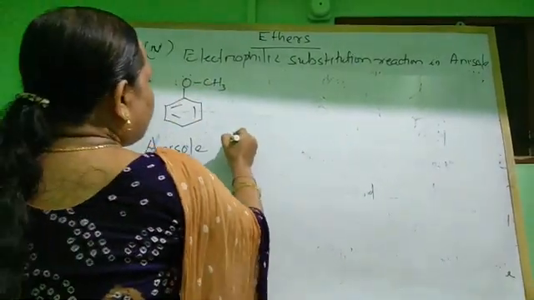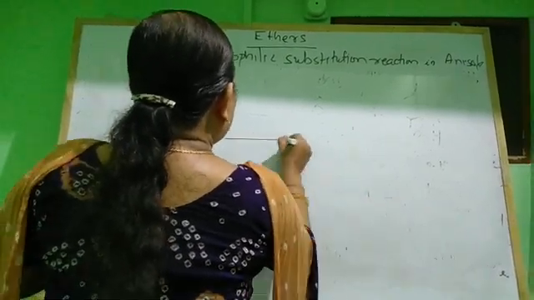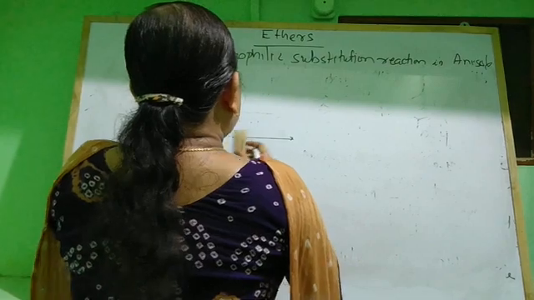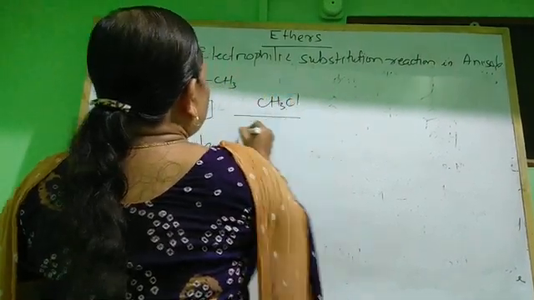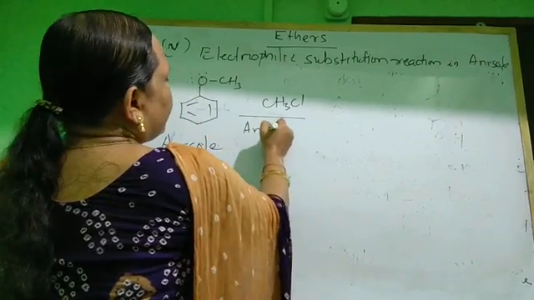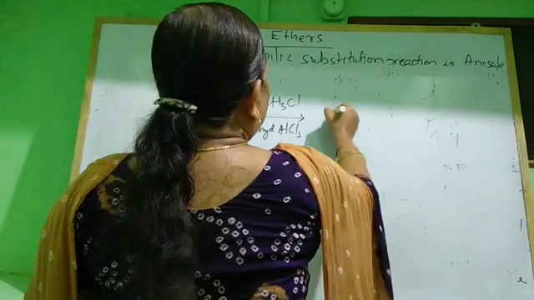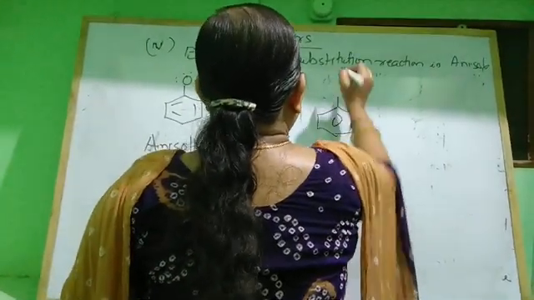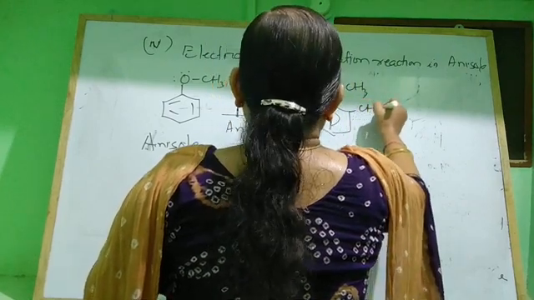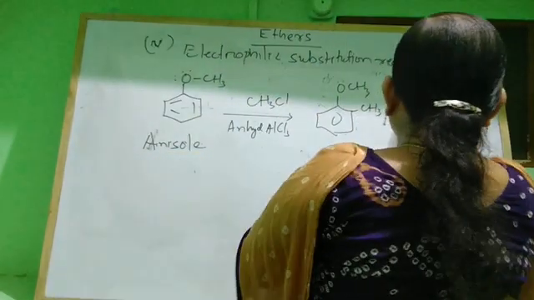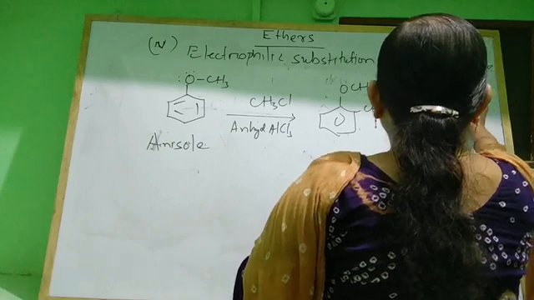So anisole reacts with methyl chloride in presence of anhydrous aluminum chloride to form orthomethoxytoluene plus para-methoxytoluene.